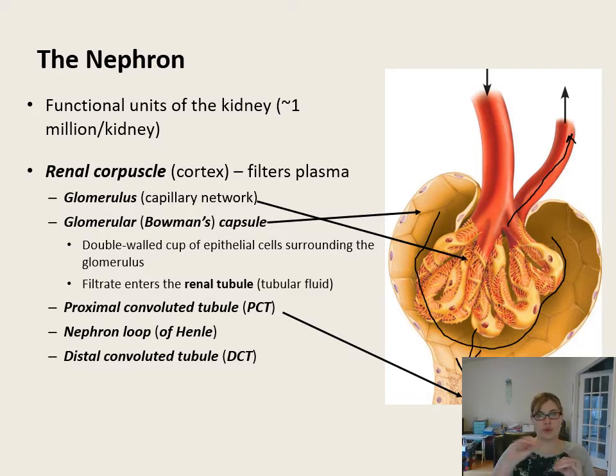Distal means further away. So it's going to loop around, and it's going to go down a little hairpin or bobby pin loop. It's called the loop of Henle, and then it's going to continue through a tube called the distal convoluted tubule. And we're going to discuss what happens at each step.